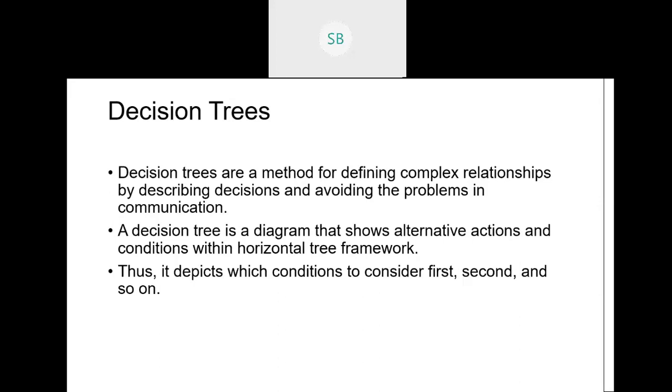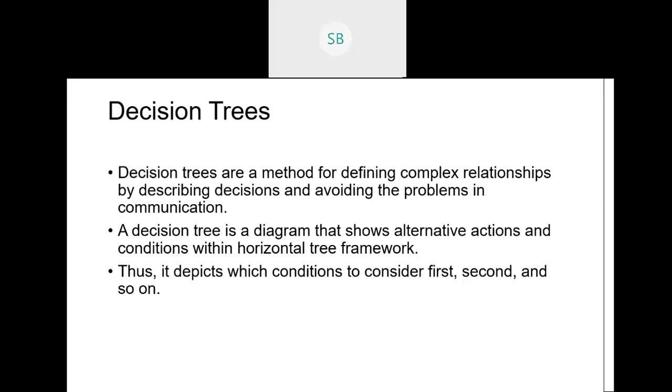With the data dictionary we cannot take complex relationships into account, but when we have a little bit of complex relationship, we should go for this decision tree. Basically a decision tree looks like a tree-like structure, like the hierarchical data model we studied, where we had a tree. Similarly here also, I'll show you the diagram.